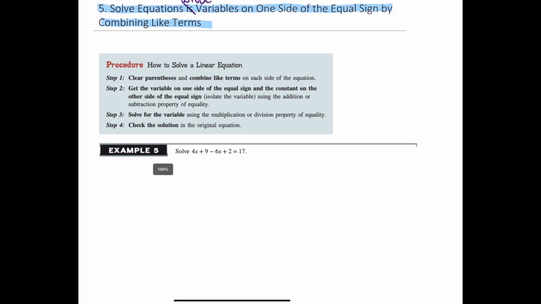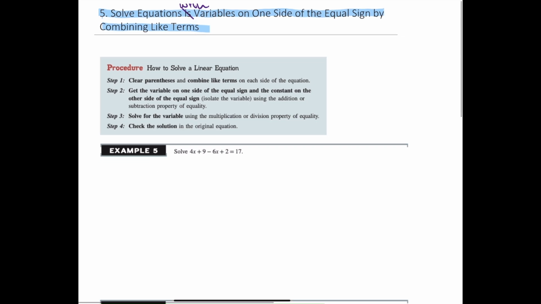And the textbook gives us some procedural steps. So first, just look at our example. We have 4x plus 9 minus 6x plus 2 equals 17.